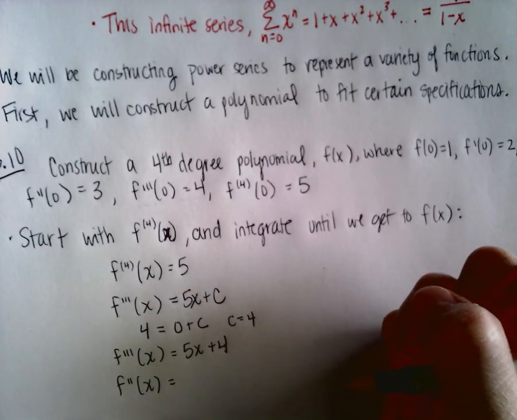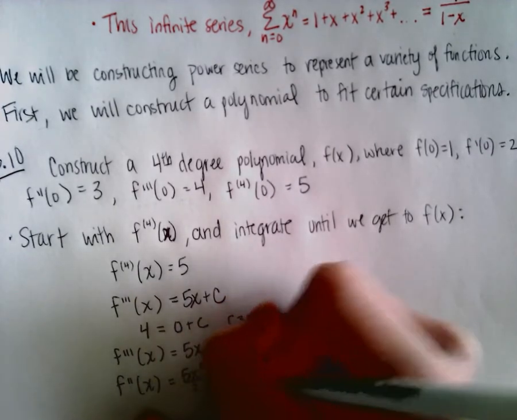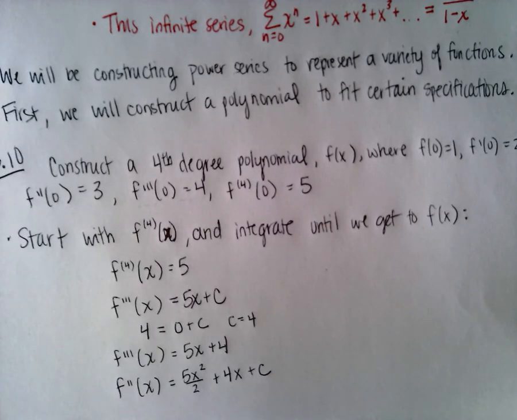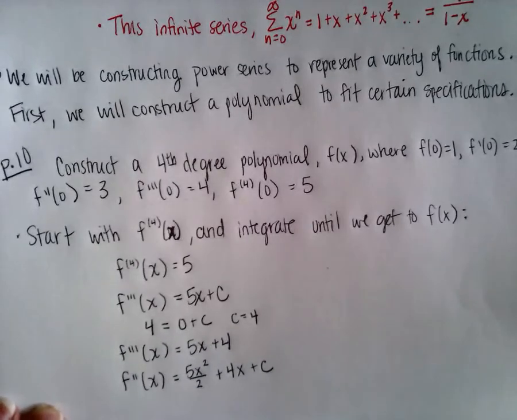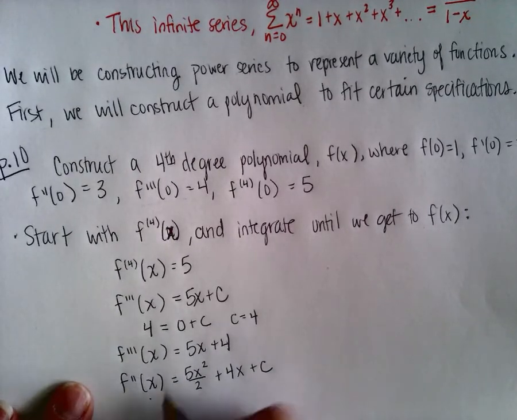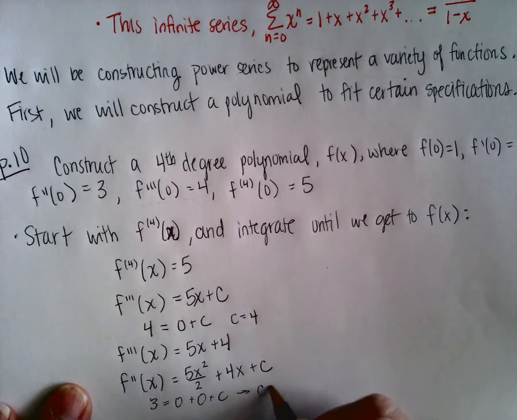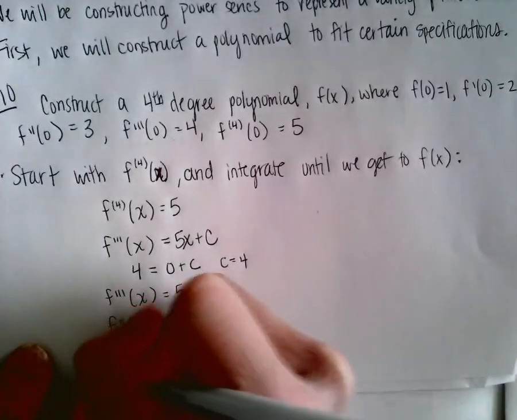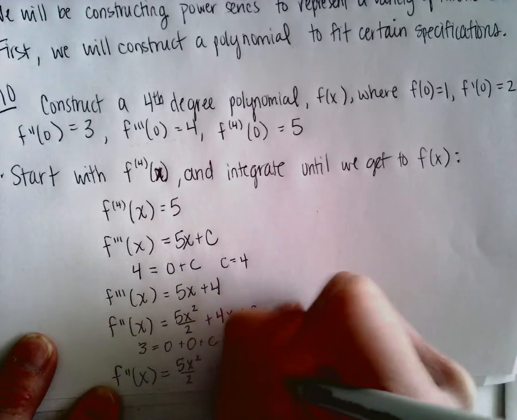Integrating this, I would have 5x squared over 2 plus 4x plus c, right? And I need to solve for c using the second derivative now. So the second derivative at 0 is 3. If I plug in a 3 here, and then 0 plus c, then c is going to equal 3. So I have f double prime of x equals 5x squared over 2 plus 4x plus 3.